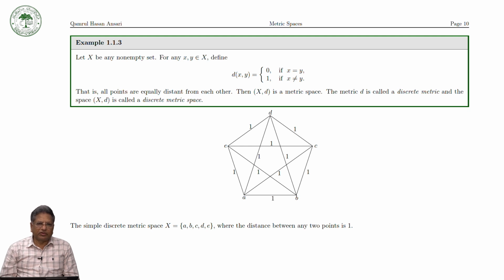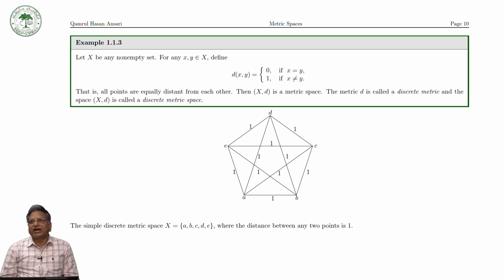In the previous talk, you have seen how we can define a metric function or a distance function, called a metric, on a non-empty set, by which we can calculate the distance between any 2 points in an arbitrary set, whether it is a set of sequences, set of numbers, or set of functions, or anything. So we can define the distance between any 2 points.